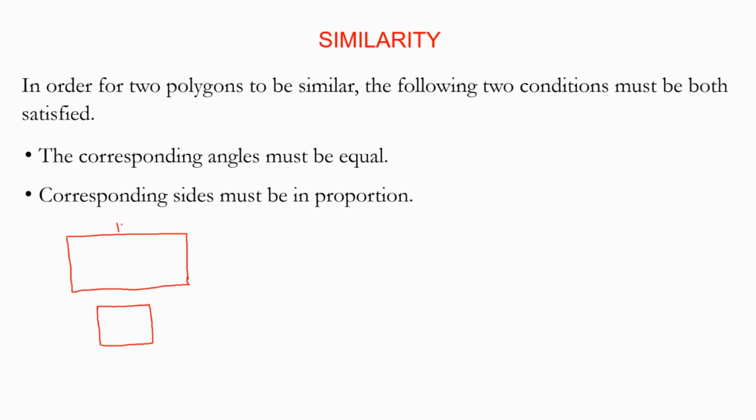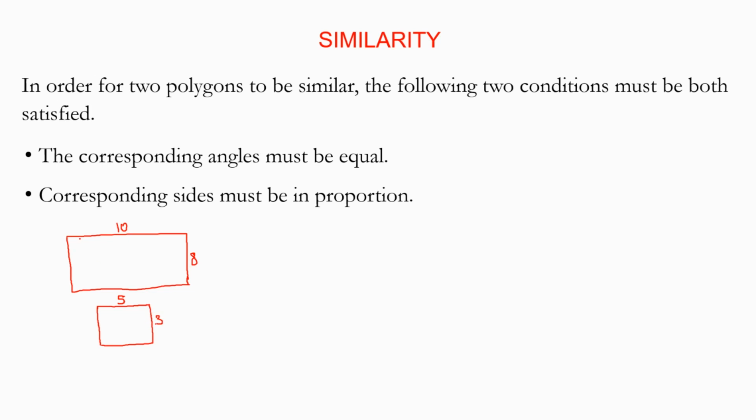Let's say this is 10, and this is 8, and this is 5, and this is 3. According to size, they are not proportional, because 10 divided by 5 is 2, but 8 divided by 3 is not 2. So these are not in proportion, not similar.